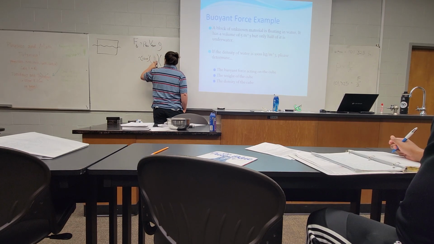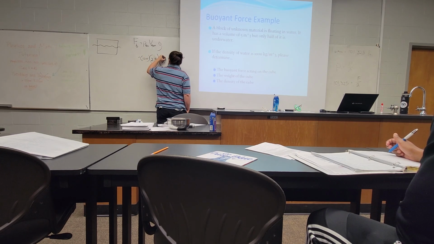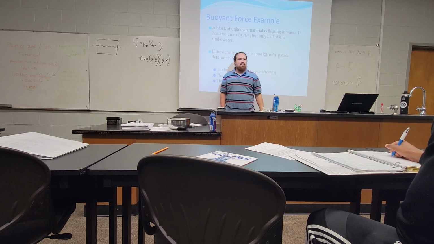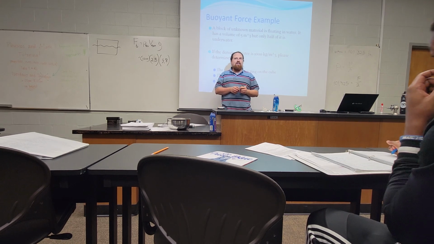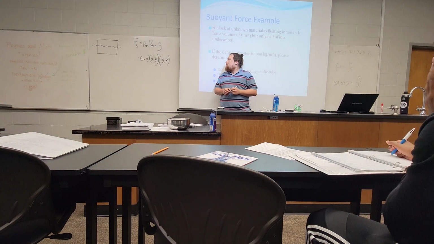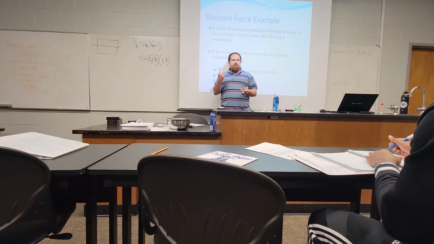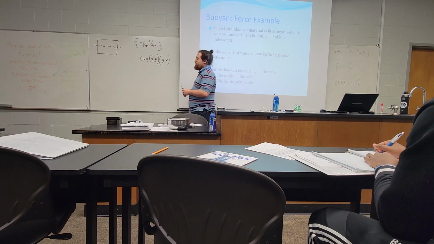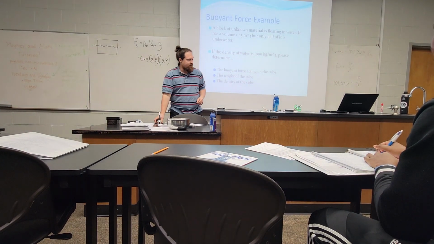I'll just write 2.5. And this is another one of those times where we care about the magnitude of gravity, but not necessarily the direction, since gravity points down, but buoyant force points up. So if it helps, you can put an absolute value bracket on your formula sheet if you'd like.